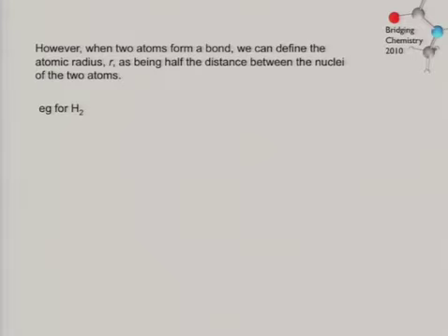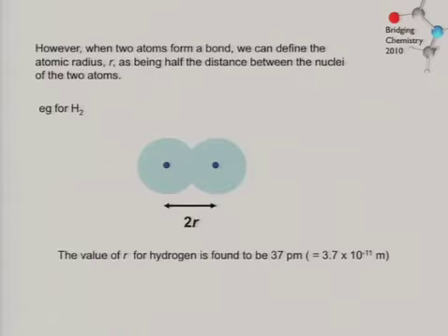So the best way to determine atomic radius is to look at atoms in a bond. We look at two atoms which have formed a bond, and what we determine is half the bond length, so half the distance between the nuclei of the two atoms. So if we look at hydrogen, for example, with two hydrogen atoms, the little blue dots denote the nucleus, and the distance in between is 2 times the radius.